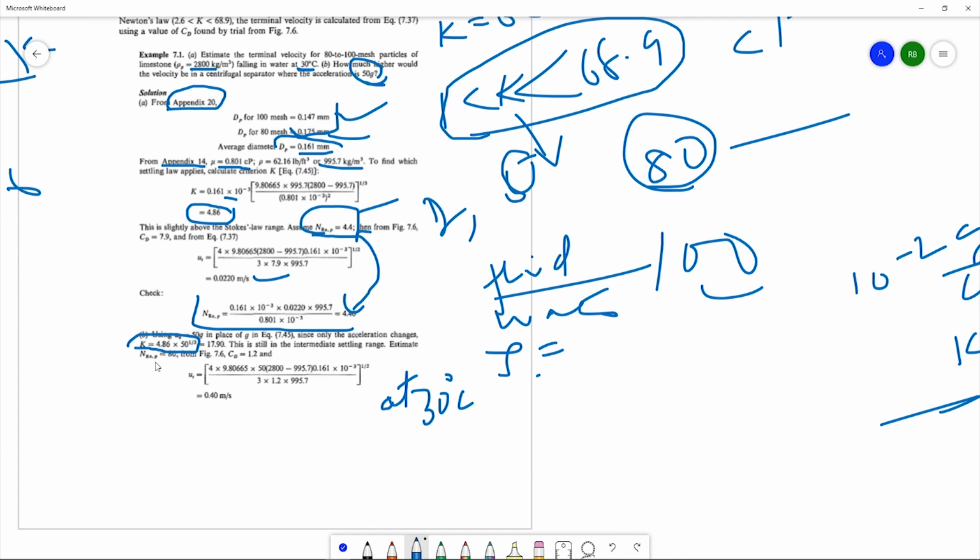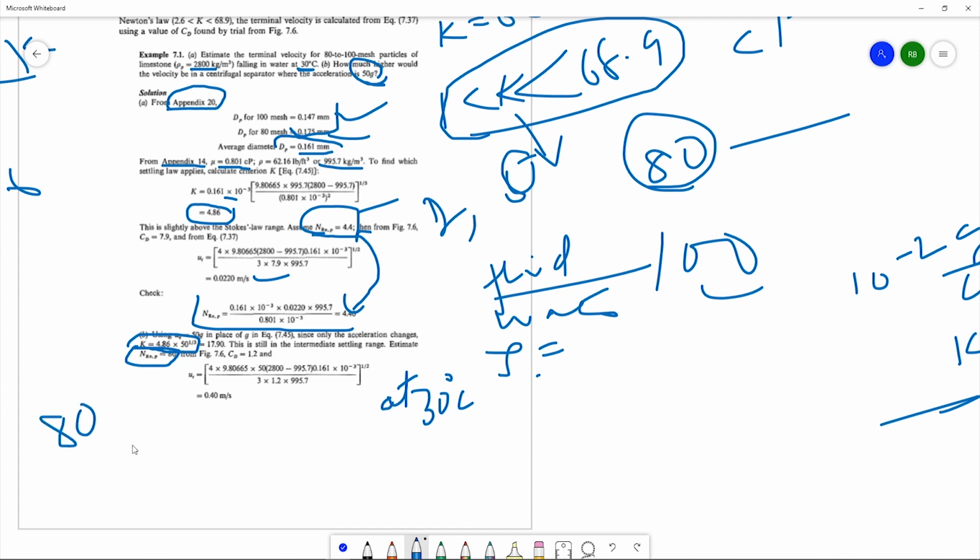So what will be the Reynolds number? If k is this, so Reynolds number you can find from figure 7.6, right? So again you have to guess the Reynolds number. So k value is 17.90. So just assume some value.